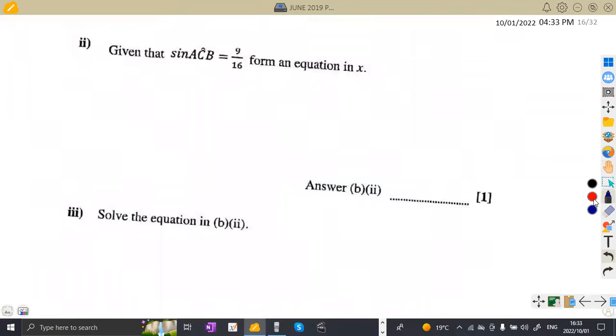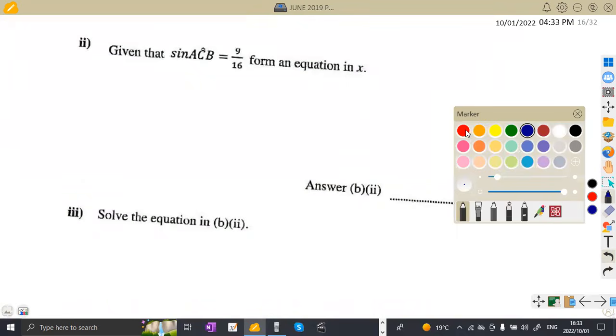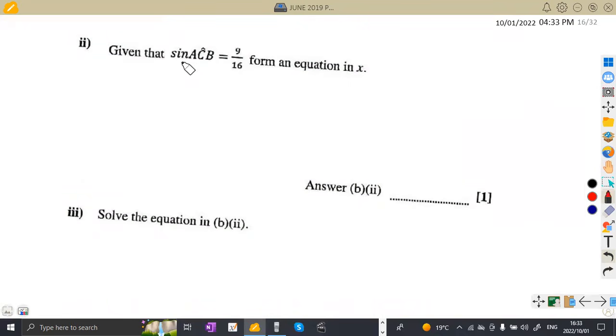They say the sine ACB you are given before is the same as this one. So you're simply equating, or forming an equation. From the previous part, we had x plus 2 over 2x plus 3. This was our sine ACB. Now we are given another sine ACB as 9 over 16.